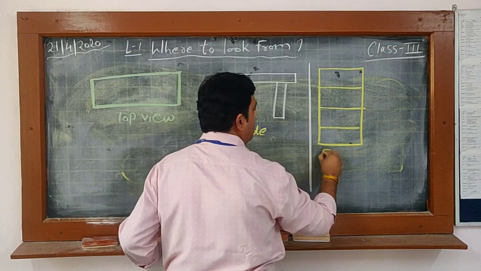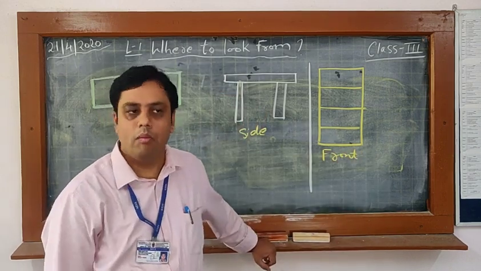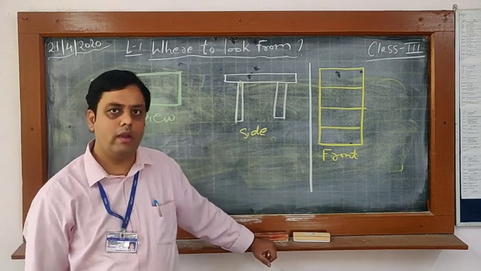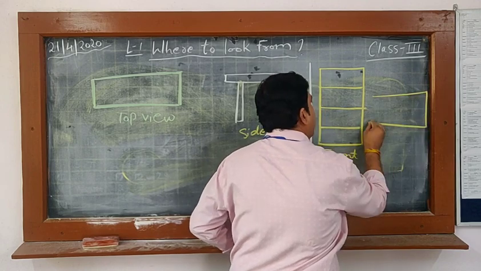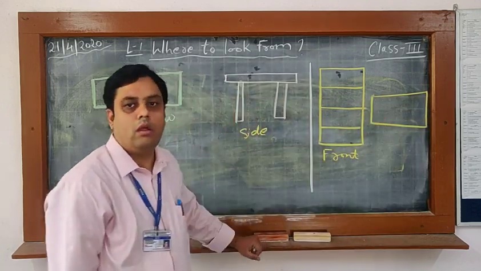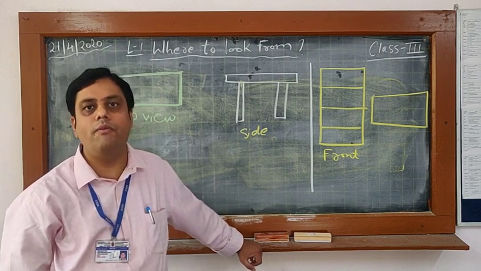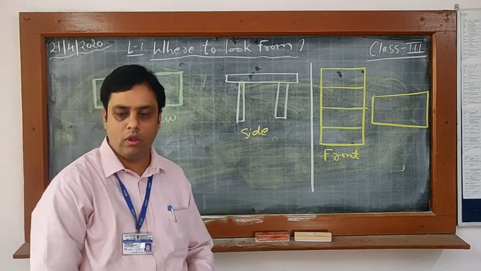It is the front view of the cupboard. But same cupboard, if we see from the top side, it will just look like a rectangle. So many examples are there. Everything looks different from different angles and different views.